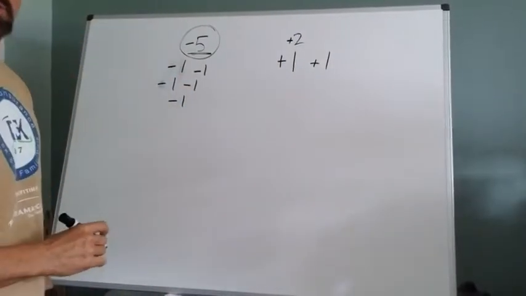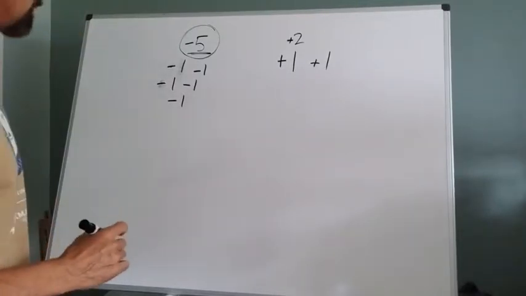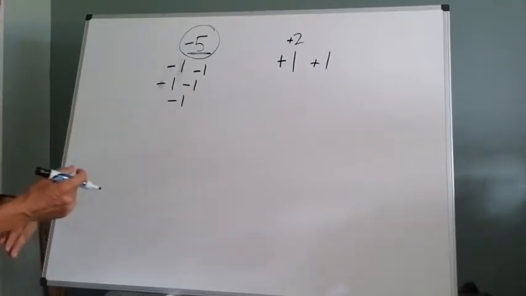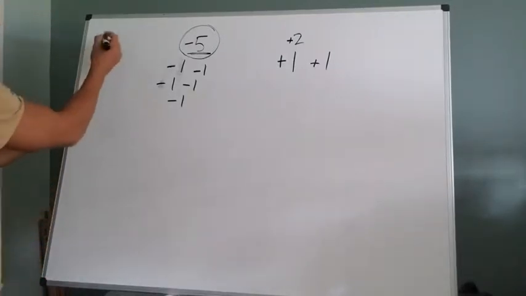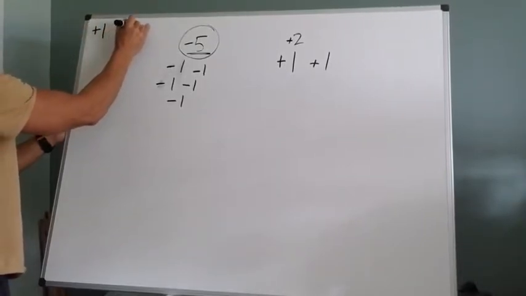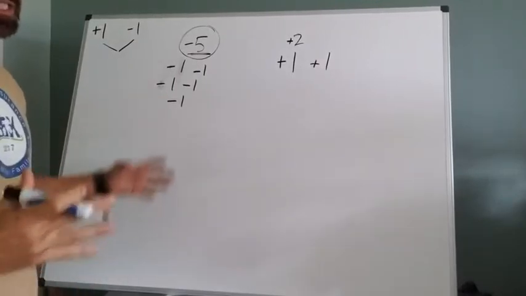I'll try to write bigger so you can see it on the screen a little bit better. So anyway, when we combine a positive and a -1, I'll do it up here real quick. A +1 combined with a -1, if we put those two together, addition is combining things.